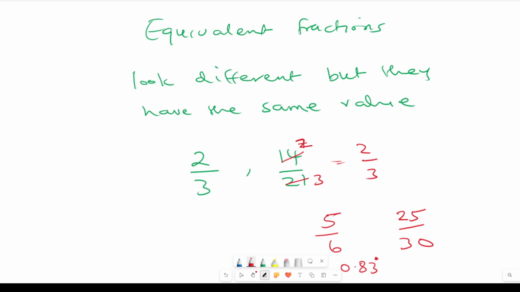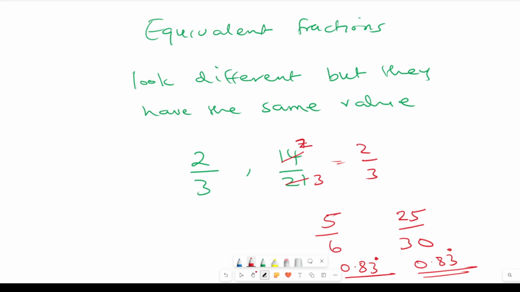How about 25 over 30? 0.83 recurring. So you see, equivalent fractions look different, but they have the same value. 5 over 6 appears to have nothing in common with 25 over 30, except their values. They are both 0.83 recurring.